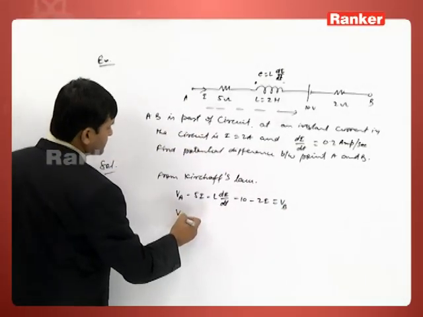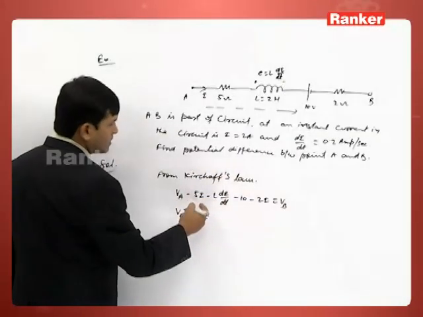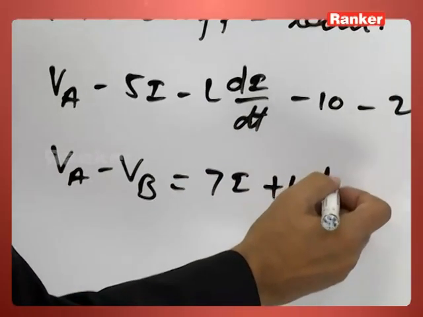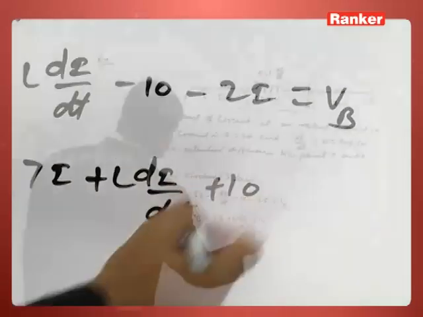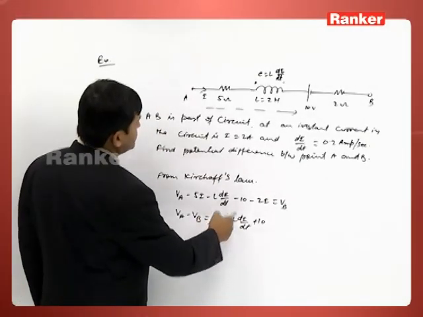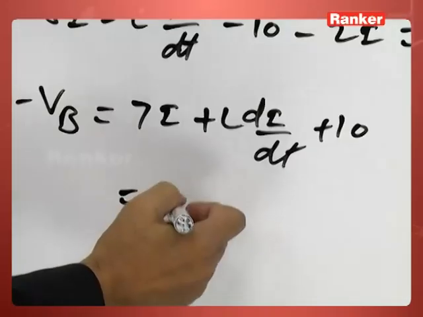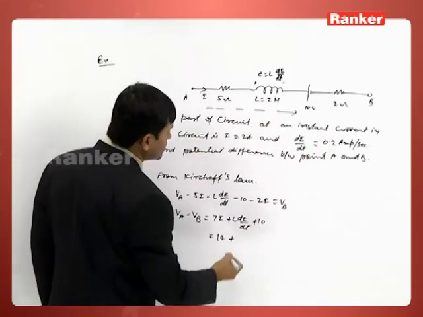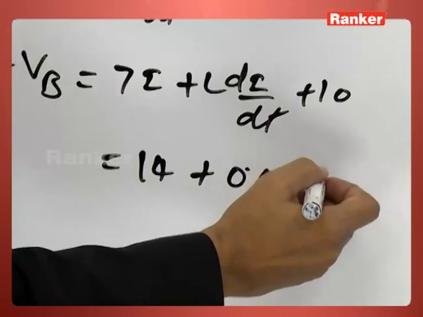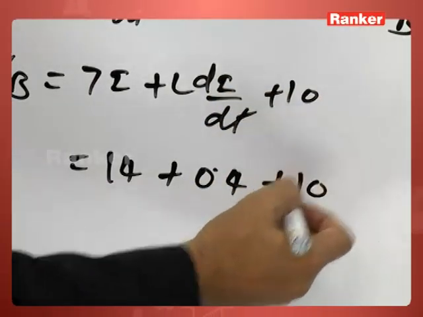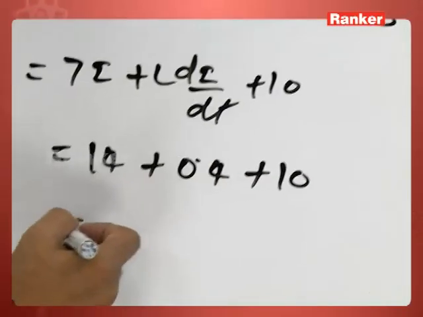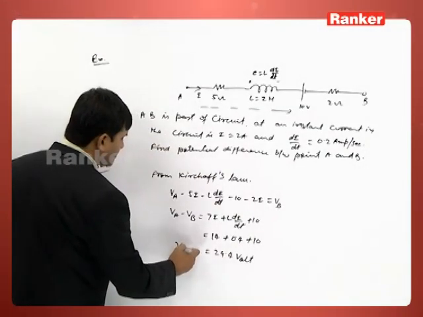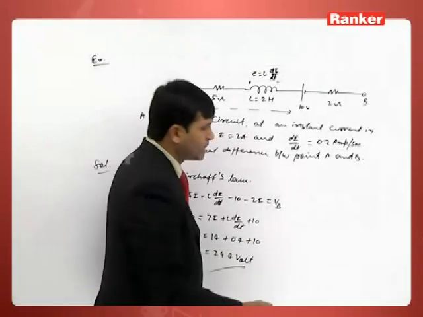So we can write VA minus VB is 5I and 2I, 7I plus L di/dt plus 10. I is given as 2 ampere, 7 into 2 is 14, plus L is 2 Henry, di/dt here 0.2, so this will be 0.4, plus 10. Finally the answer is 24.4 volt. This is the potential difference between A and B.